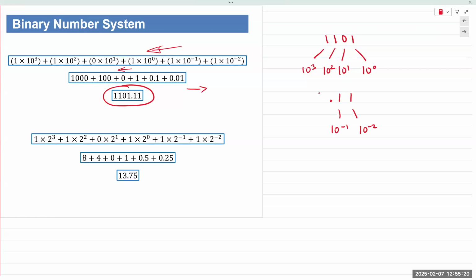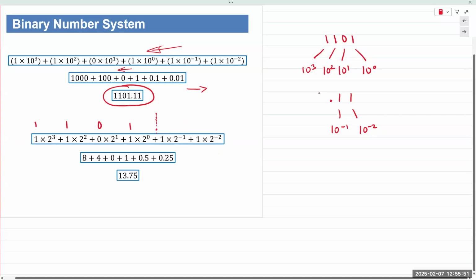Now, because it's a binary number system, the base is 2. So if you were to convert this, 1101, and this is 0.11.